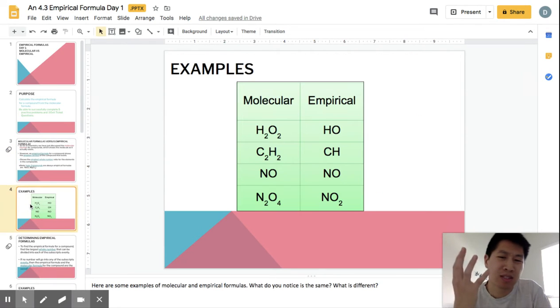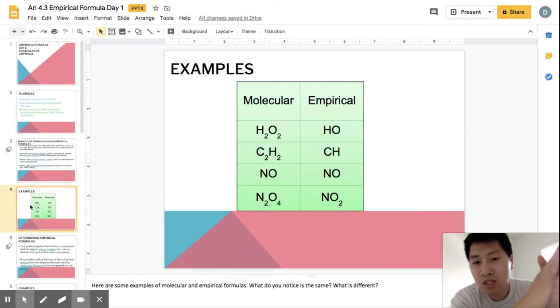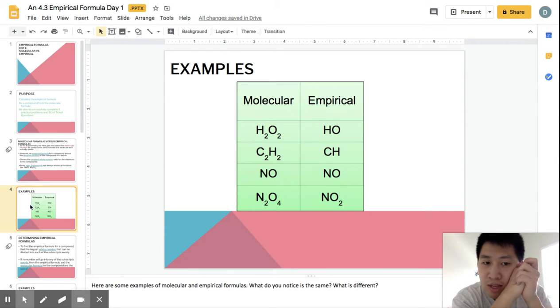So looking at these examples real quick. Molecular shows H2O2, and then the empirical formula, which is the simplest version of that, is HO. C2H2 is CH, NO is NO, and then N2O4. What you should notice when you're looking at this is that the empirical formula is showing this simplified version.